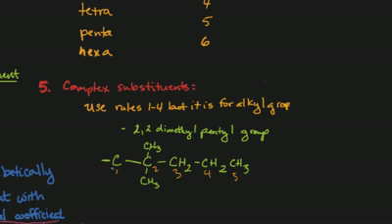So the compound would be pentane, but this is an alkyl group, meaning it's a substituent attached to a main chain, so this would be a pentyl group. And it's got 2 methyl groups on the second carbon, so it'd be a 2,2-dimethylpentyl group, attached to some other bigger main chain.